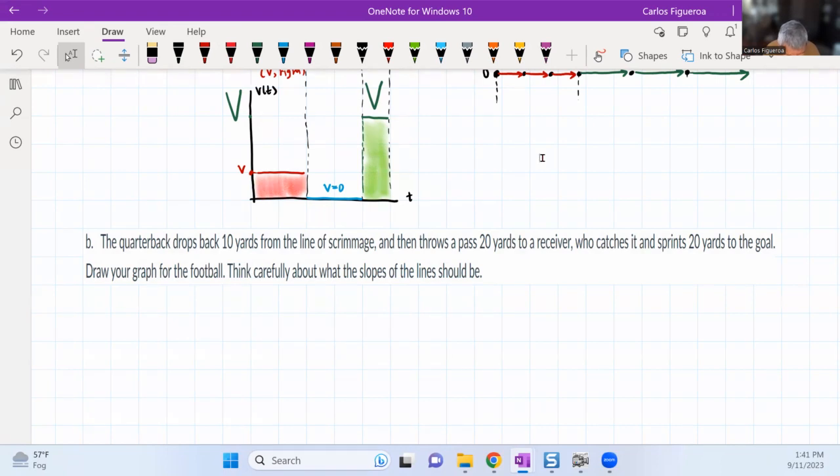Draw your graph for the football. Okay. So let's look at these things here. So the first thing that I would look at is that I think I'm going to try to draw me a motion diagram so that I see what I'm looking at. Okay, so let me conceptualize this by starting with the motion diagram.